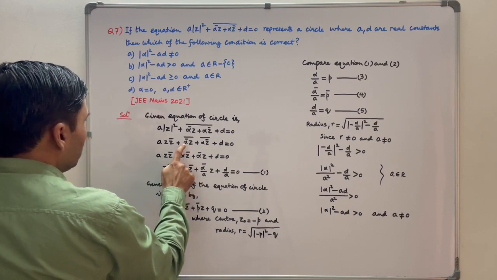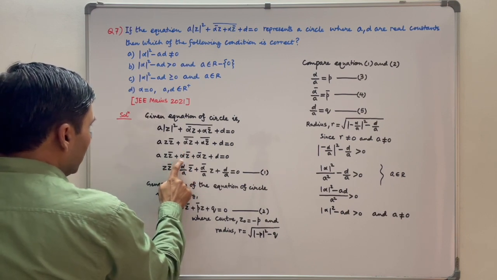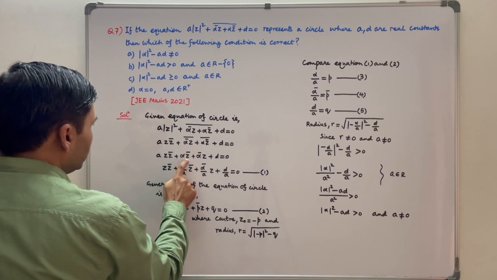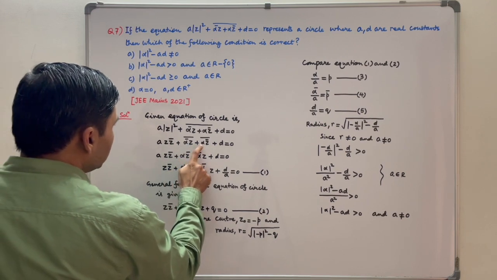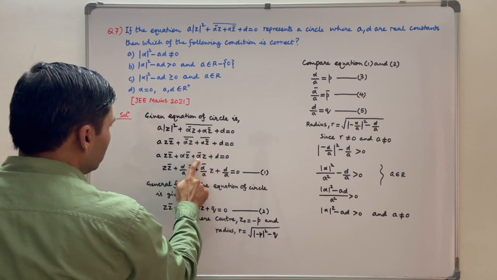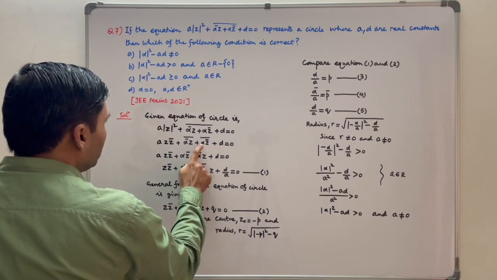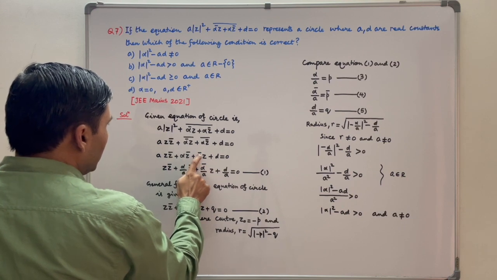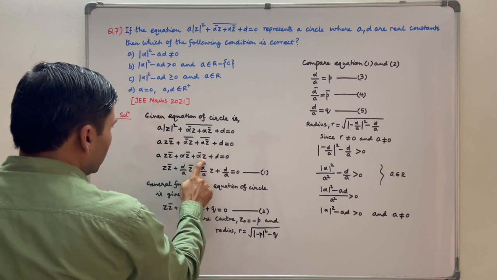Bar of ᾱ is α and bar of z is z̄. Similarly, bar of α is ᾱ and bar of z̄ is z.